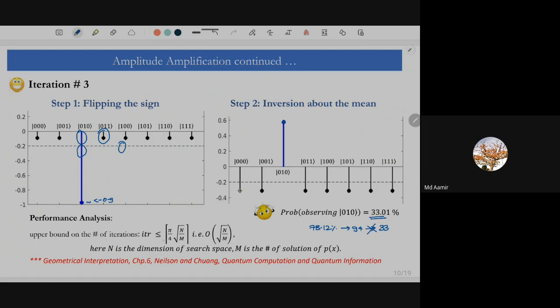We have a performance limit, an upper bound on the number of iterations, and that is bounded by pi by 4 times root n by m. Here n is the dimension of the search space, which is 8, and m is the number of solutions of the f of x. m is 1 here, so we have only root 8.